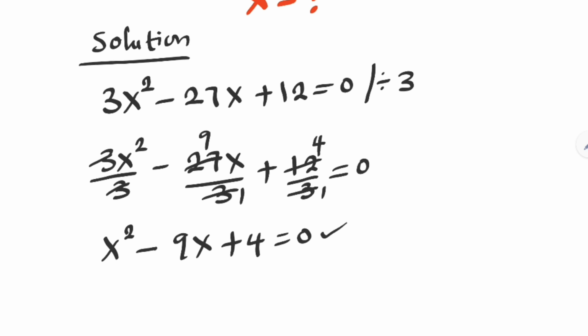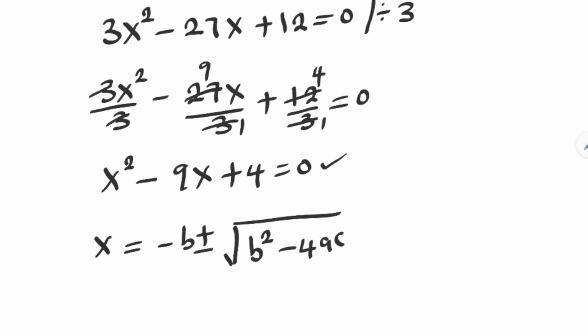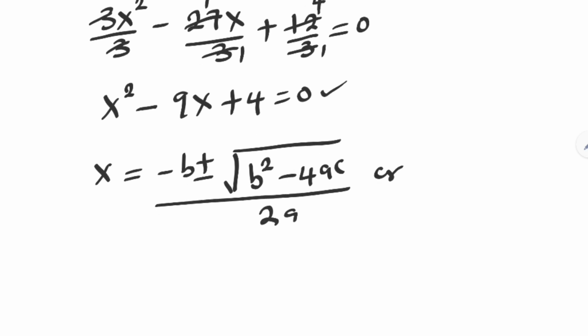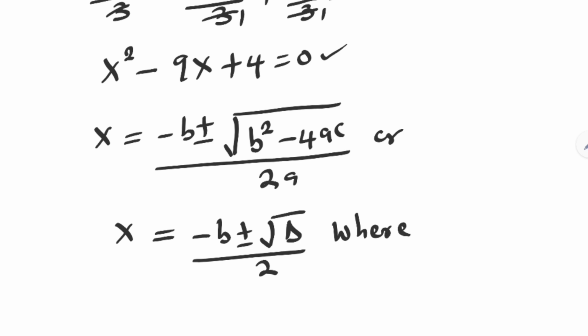Let us solve this using quadratic general formula. Our quadratic general formula is giving us s is equal to minus b plus or minus square root of b squared minus 4ac over 2a, or s is equal to minus b plus or minus square root of discriminant over 2a, where D is equal to b squared minus 4ac.